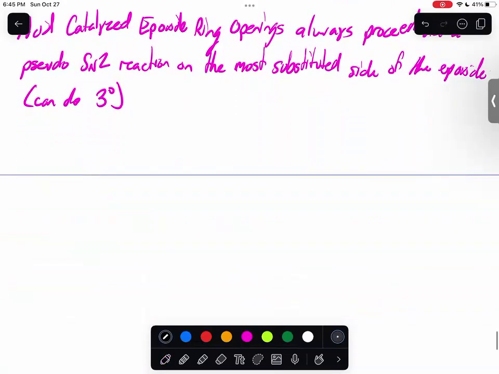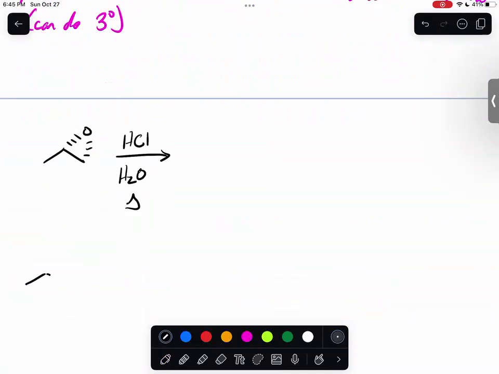So let's say you took a very similar reaction, but you use something like HCl and water under heat. What you would see is that at first, the HCl and water are going to react to make the H3O plus. That is expected.